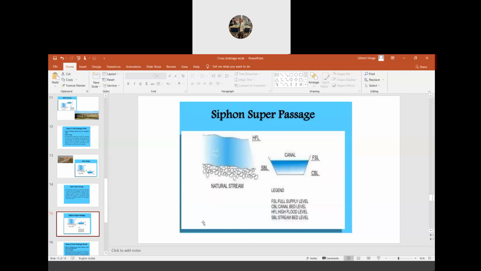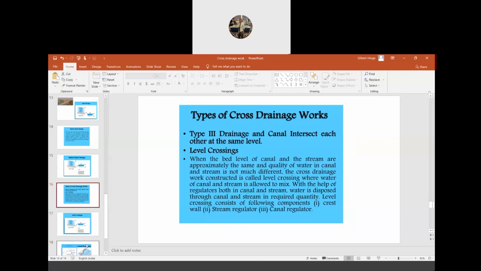Then, apart from type 1 and type 2, we have the other type of cross drainage structure called type 3, whereby the drainage and the canals are allowed to intersect each other.